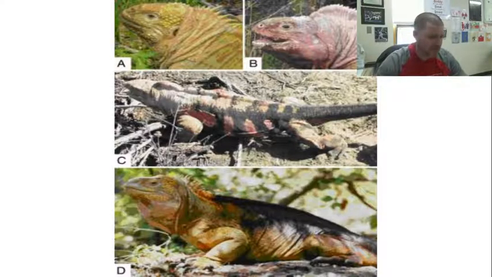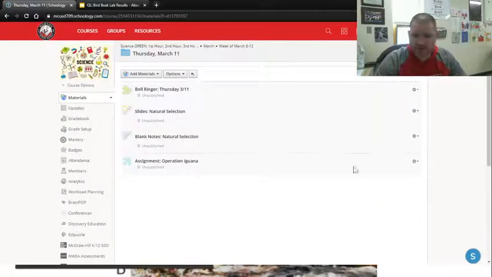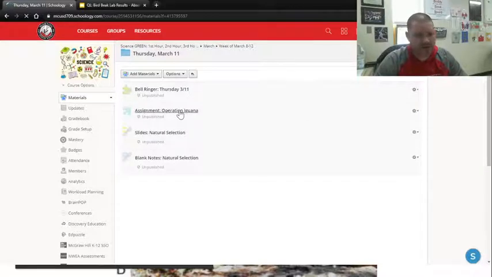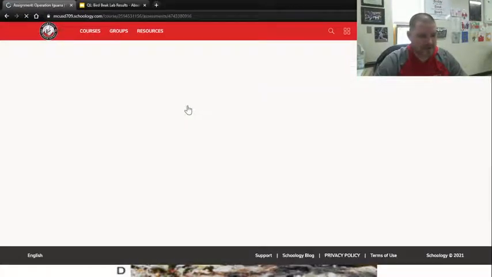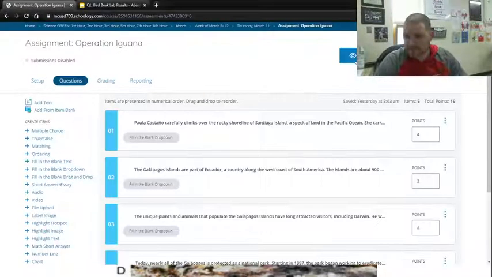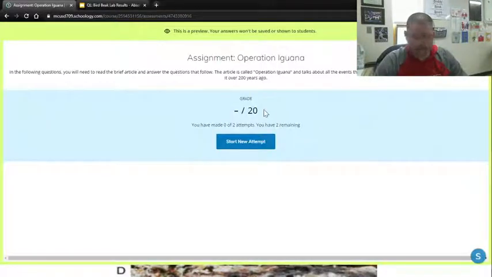But let's go ahead and open up Schoology to look at your assignment here. It is called Operation Iguana. So we're going to pull that up. And it's going to be an article about what scientists are doing at the Galapagos Islands now with those same species that Darwin interacted with so long ago.